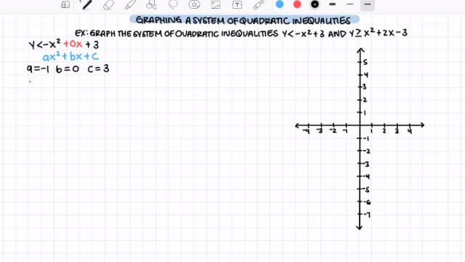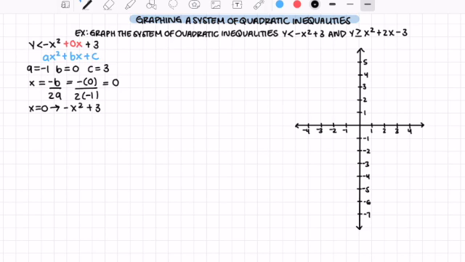So I use my formula x equaling negative b over 2a. If I substitute the values in, I get negative 0 over 2 times negative 1. That would just be 0. So now that my x equals 0, I can plug that into my equation, negative x squared plus 3.